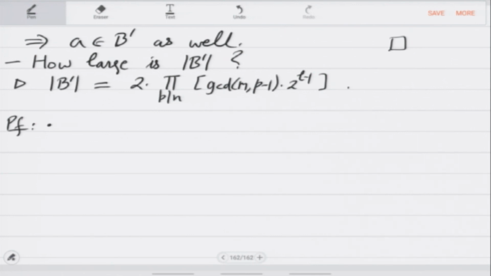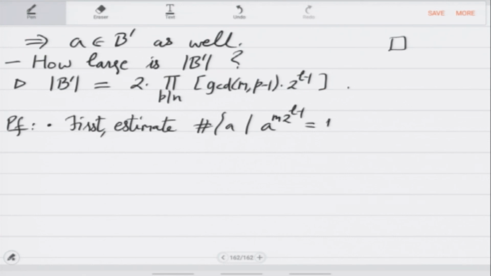First, analyze or estimate the number of A's such that A raised to M2^(L-1) is 1, and then we will estimate those equal to minus 1. These are the two options, right?